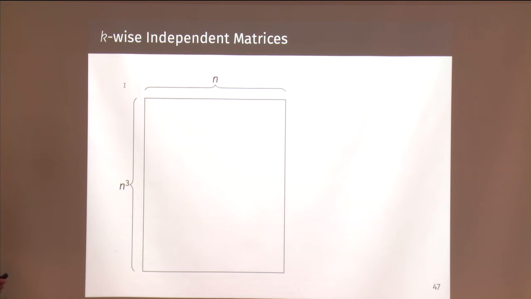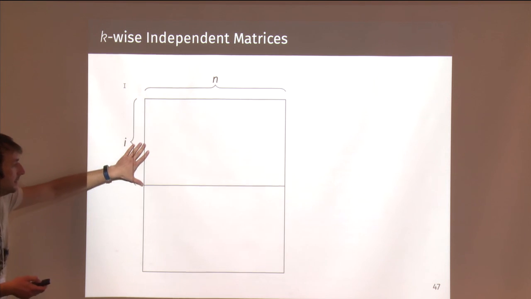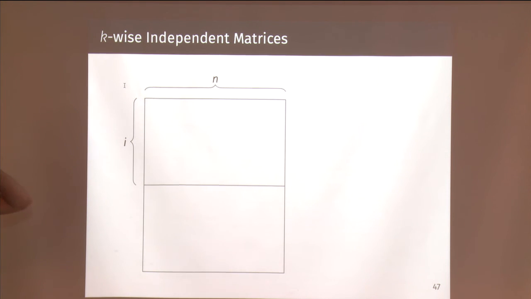Okay, so I want to prove a random matrix like this with zeros and ones is k-wise independent. How do I do this? Assume it's not. Let me find the smallest number of rows which are linearly dependent. Say these i rows are linearly dependent, but every set of i minus 1 rows is linearly independent.